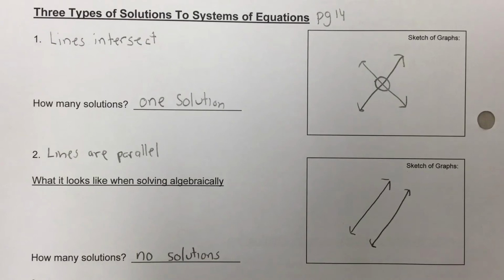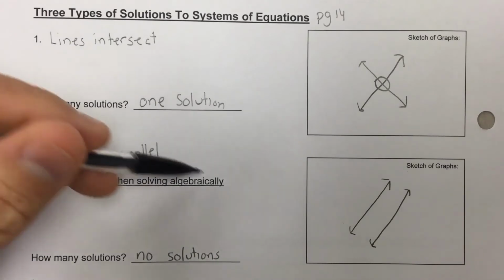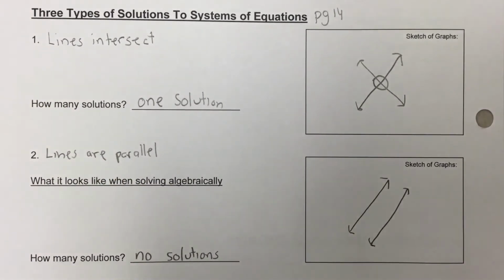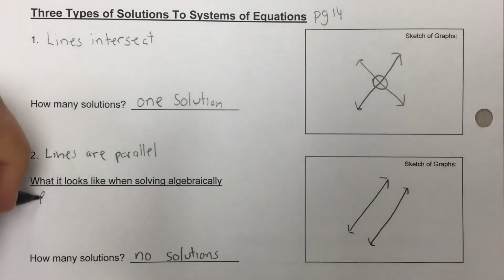Now, how do you know if it's no solution? Well, if you're not graphing it, let's say you're doing your work by hand, you're doing it algebraically, what it's going to look like is you are going to get both variables to cancel out.